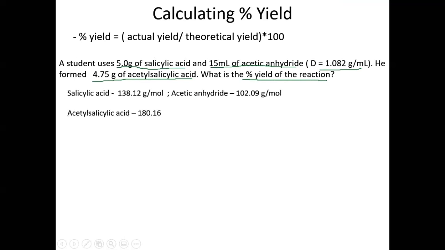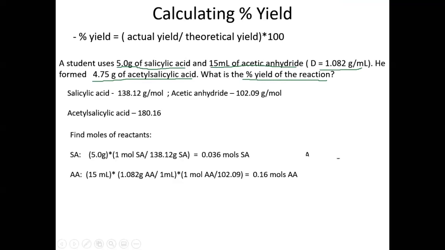So one of the first things you need, of course, is the molar masses of each reactant and product. First, we find moles of each reactant, so moles of salicylic acid, moles of acetic anhydride. Notice that for acetic anhydride, we have to convert it first to mass and then to moles because it's a liquid.